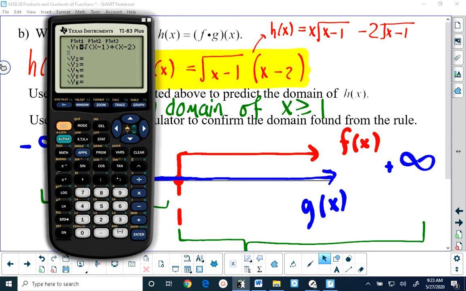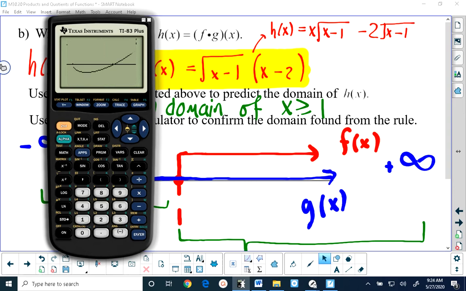We'll start off by choosing zoom standard. I'm going to zoom in a little bit by choosing Zoom Box. I know that the graph extends up and to the right forever, but what I'm really interested in is taking a closer peek at what's going on in this region.